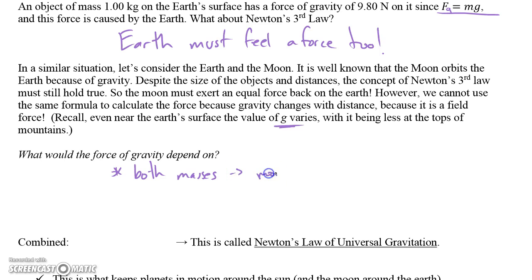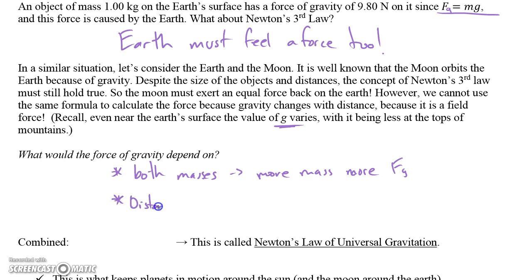And if we have more mass, just as on the surface of the Earth, we get more Fg, which is what we expect. The other thing is, if we hike up to the top of Mount Everest, we expect gravity to be less. That's because we're farther away from the center of the Earth. So the distance matters as well.